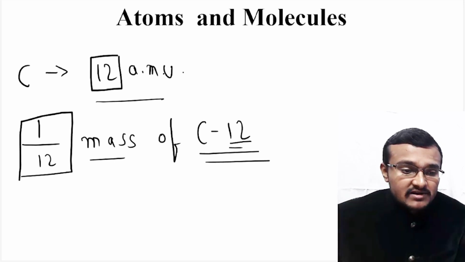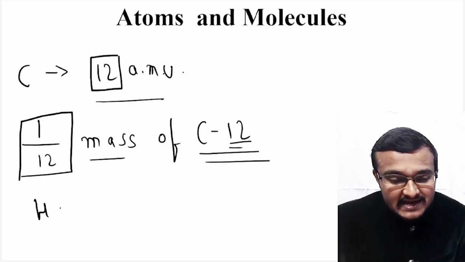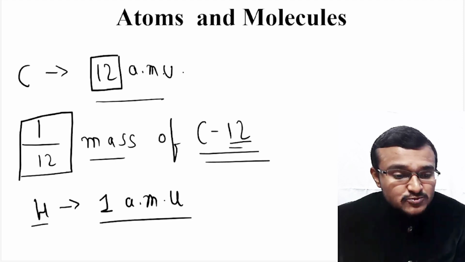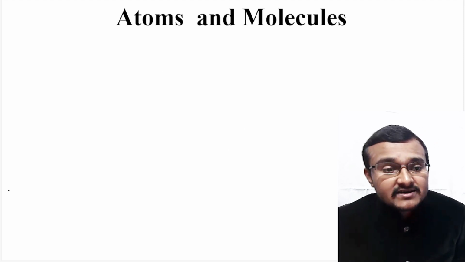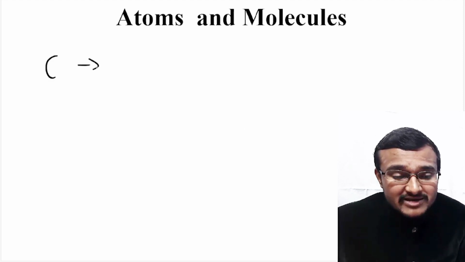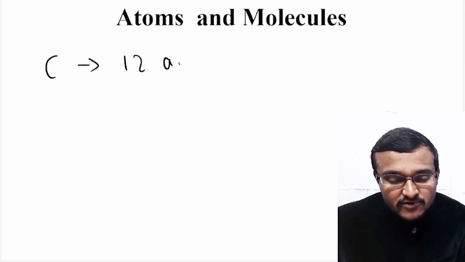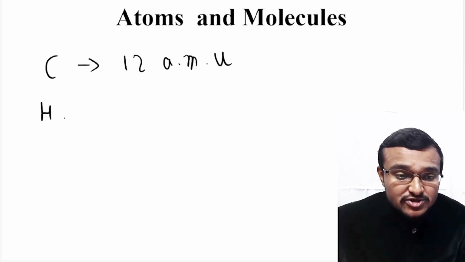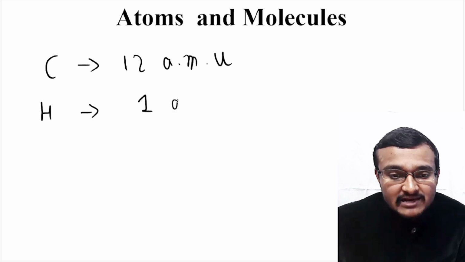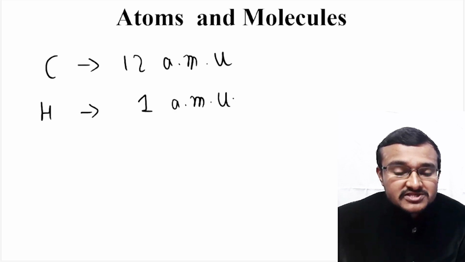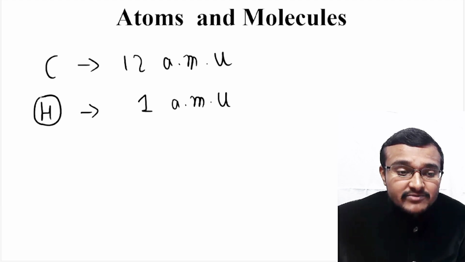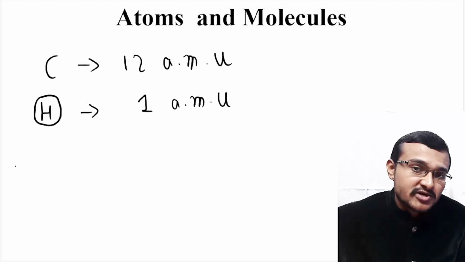For example, if we take hydrogen, hydrogen has 1 atomic mass unit as its mass. How was this calculated? Now 12 atomic mass unit is fixed for carbon. If you want to find the mass of hydrogen, it was found to be 1 AMU. How was this 1 AMU calculated? 1/12th mass of carbon was the mass of hydrogen.